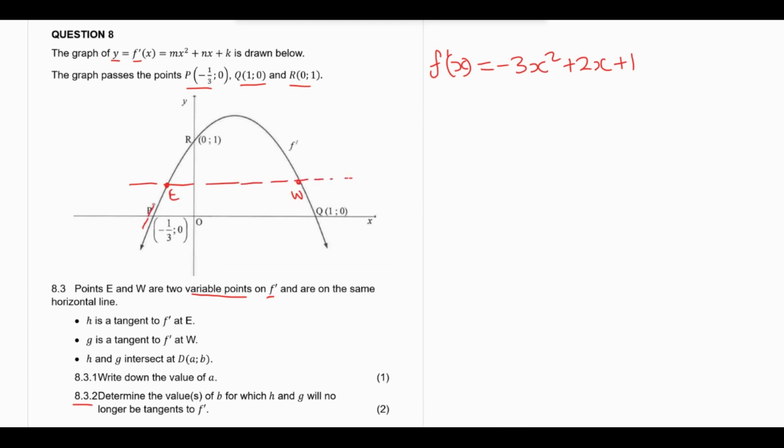So if we draw H, and then we draw W, and then we manage to find the value of A. Point D, A is 1 over 3, and then still B, we haven't found B. Okay, let's continue.